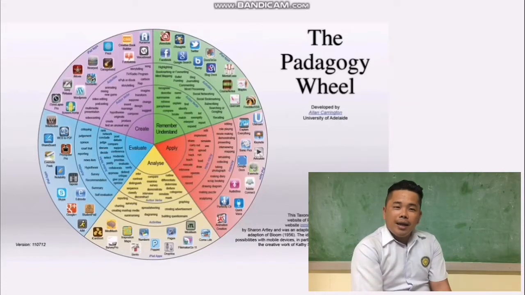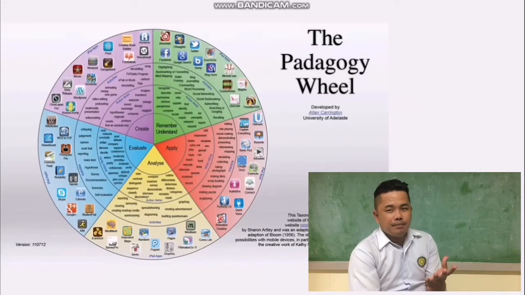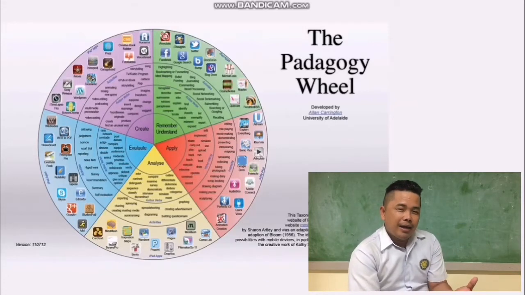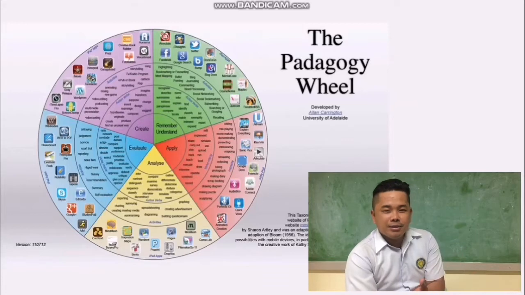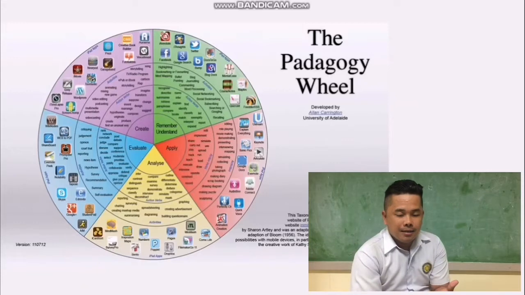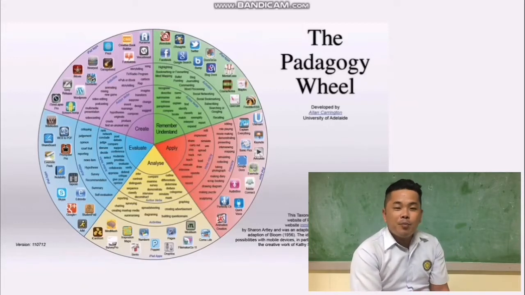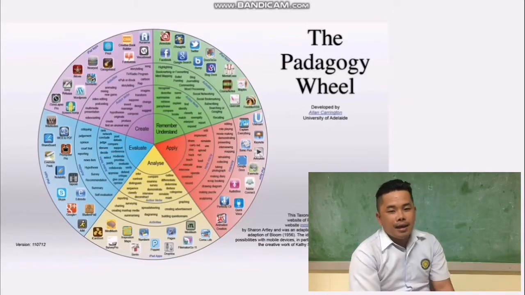There are so many applications which have been integrated by Alan Carrington into the pedagogy wheel, and for every skill and for every domain in the Bloom's taxonomy, there is an appropriate application which you can use, which is really best for the teachers, because those have already been tested by Alan Carrington.